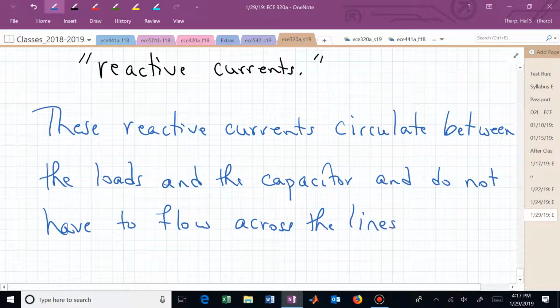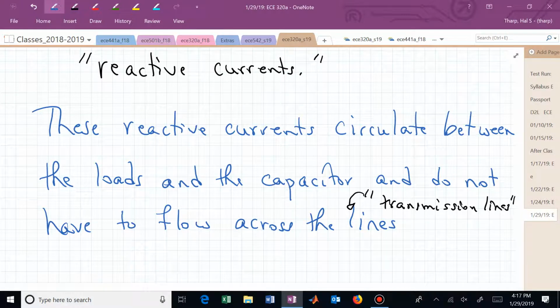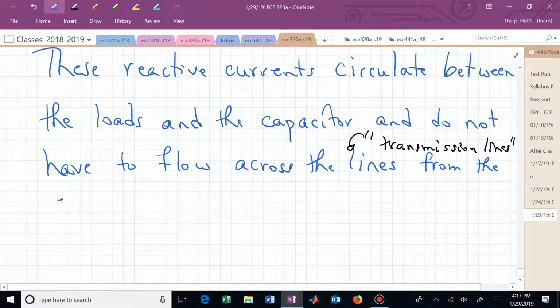And here, when I say lines, you might just say transmission lines between the source and the loads. So the transmission lines from the source to the loads.